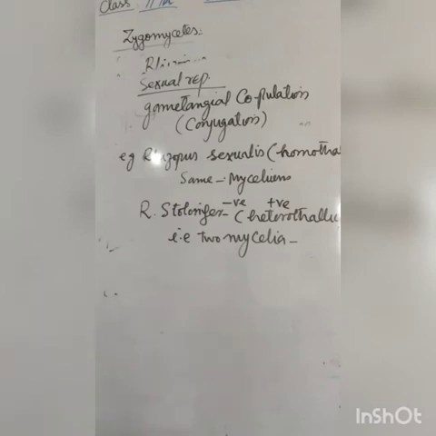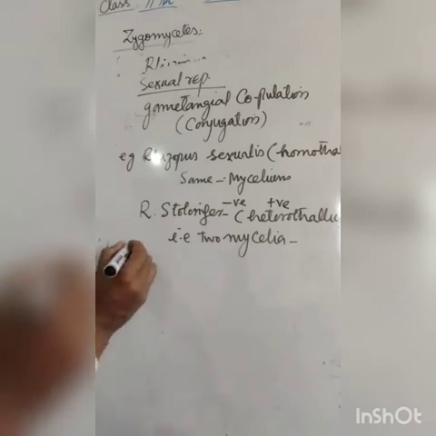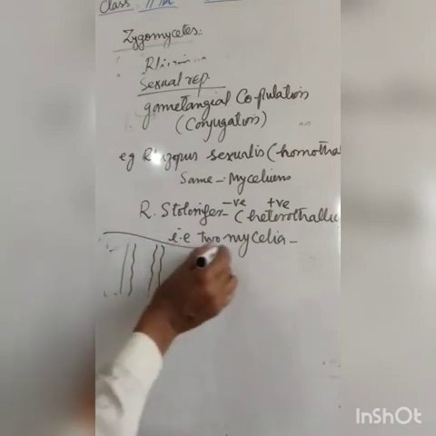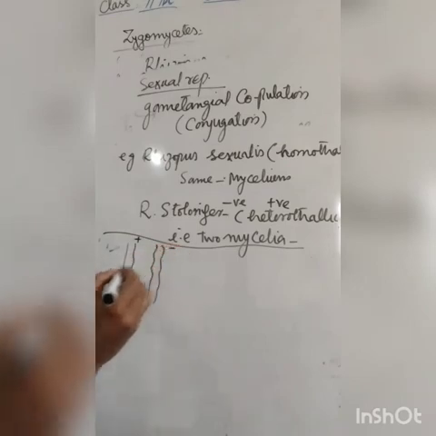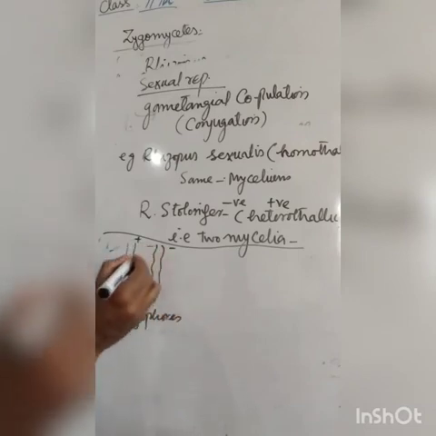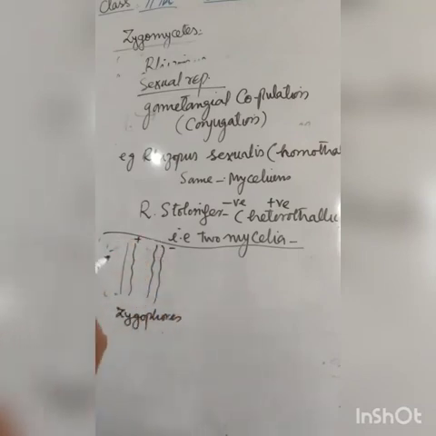The hyphae which act as gametangia, either homothallic or heterothallic, positive and negative, are called zygophores.